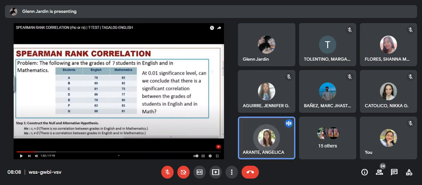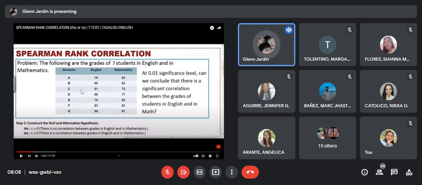Step 1. Construct the null and alternative hypothesis. Okay, pakibasa kung ano yan. Okay po. H sub O. RS yun yung Spearman rho value. Okay, pakibasa.